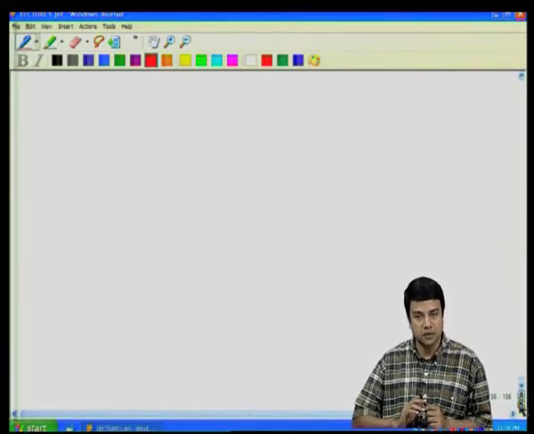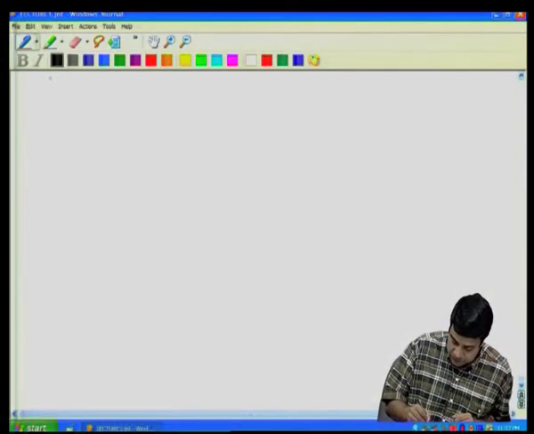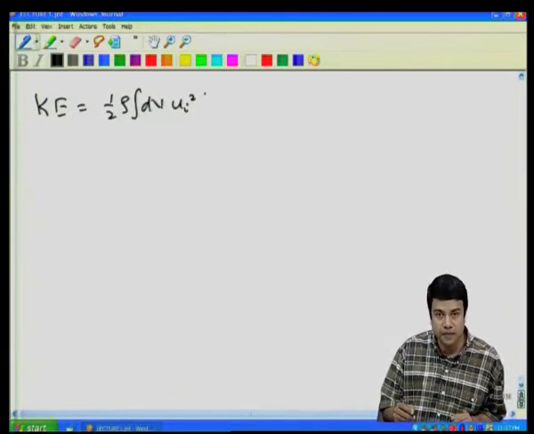velocity at the bounding surfaces, because the kinetic energy, as you recall, for the flow can be written just as a surface integral, half rho integral over the volume of u squared.